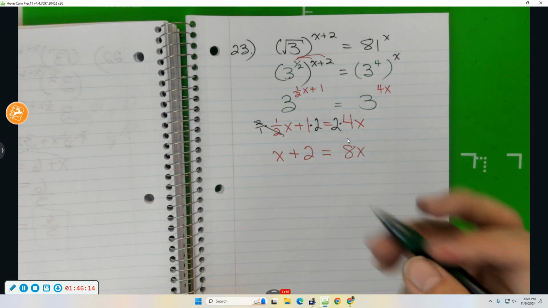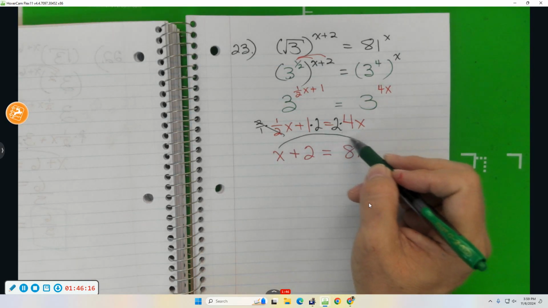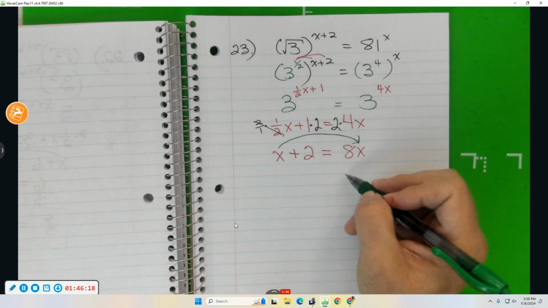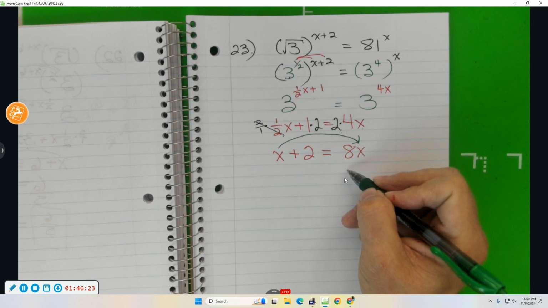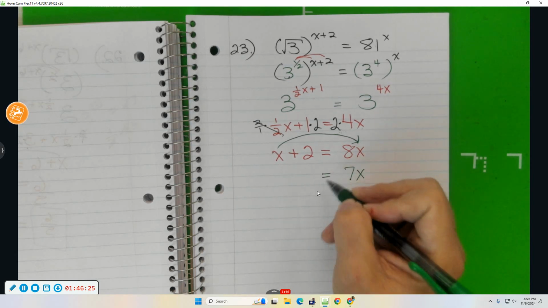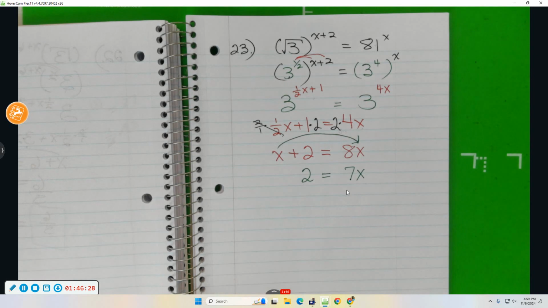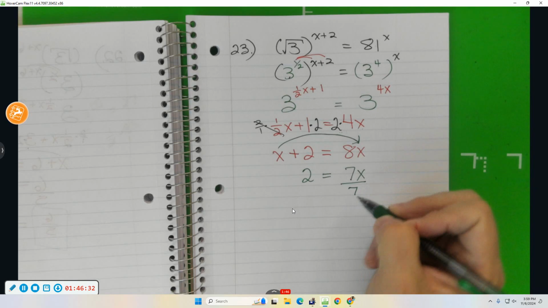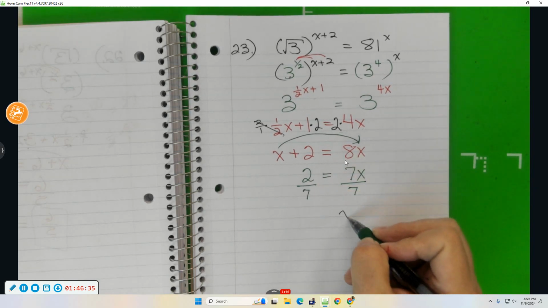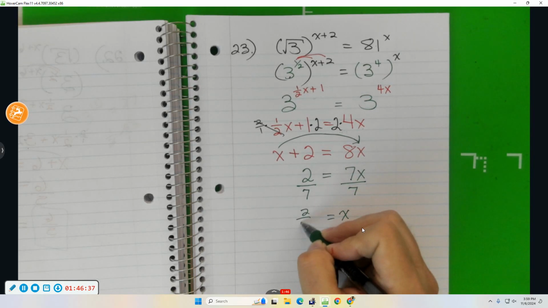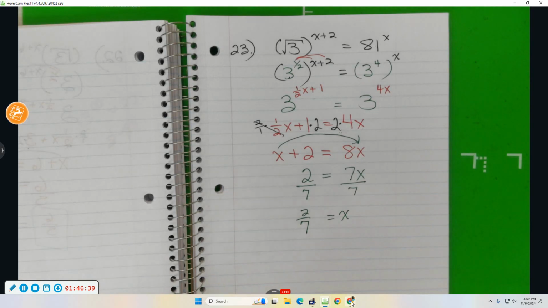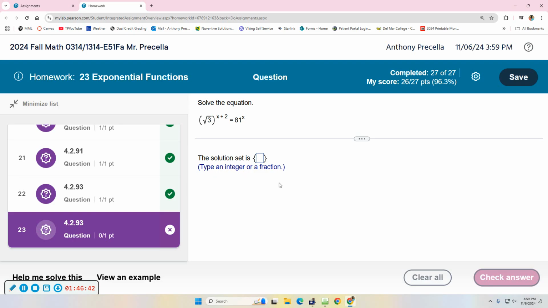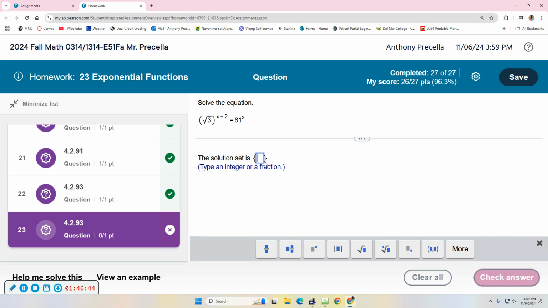Move the x to the other side. 8x minus 1x is going to give me 7x equals 2. Only one step left. Divide by 7 to give us x equals 2 over 7 for my final answer. 2 over 7.